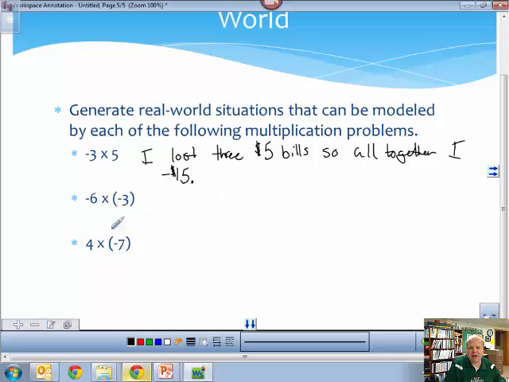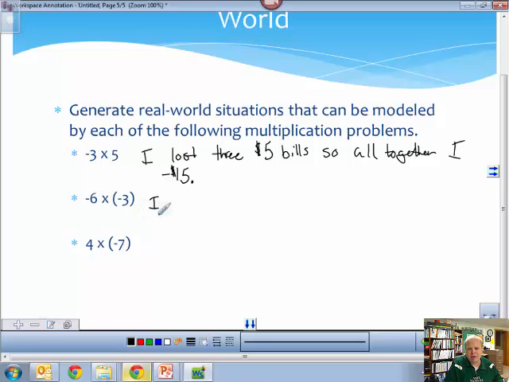Now let's look at this next one. I have a negative 6 times a negative 3. Well, I know that's going to be a positive 18. Let's see how that works, playing the integer game, which we've talked about a little bit, the one with the cards.